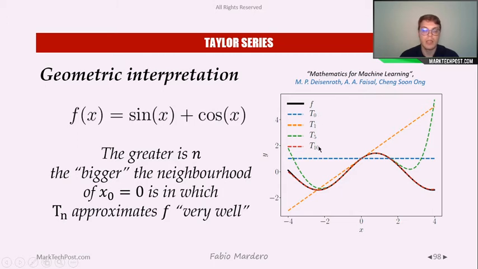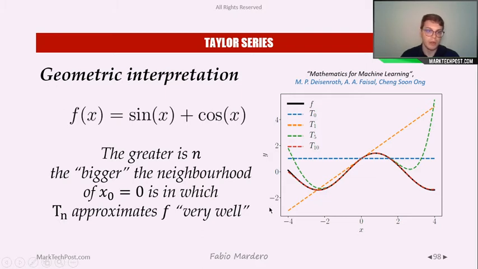We can see that by increasing the degree of the polynomial, the approximation becomes better and better. For example, with degree 0, the approximation is very poor, but with the Taylor polynomial of degree 10, the approximation is really good.